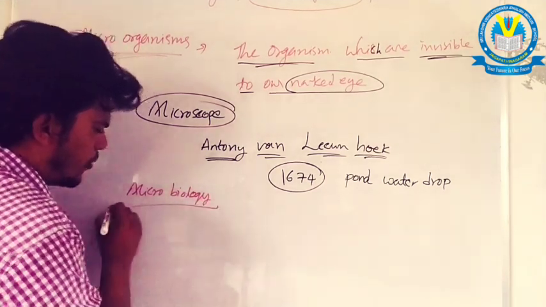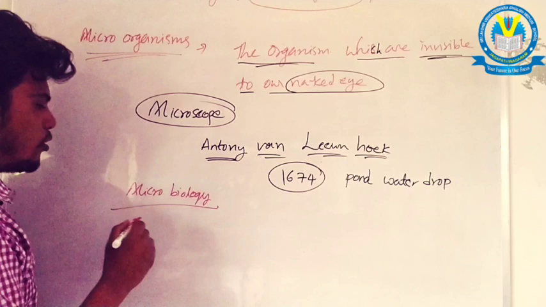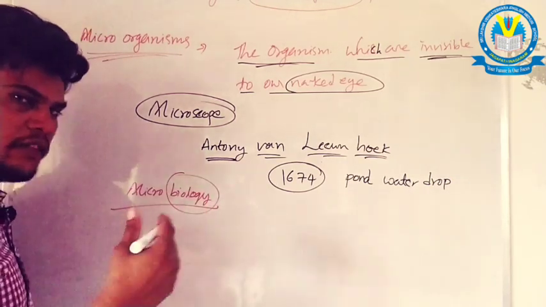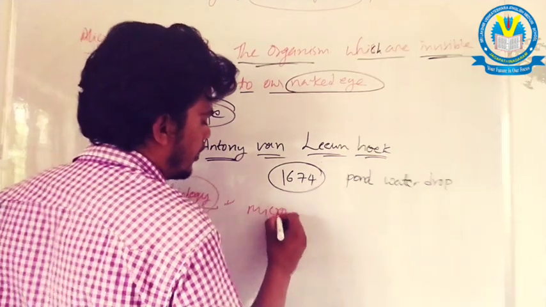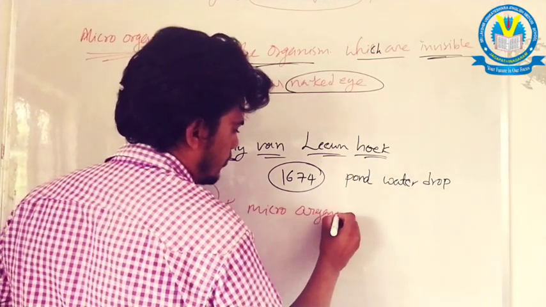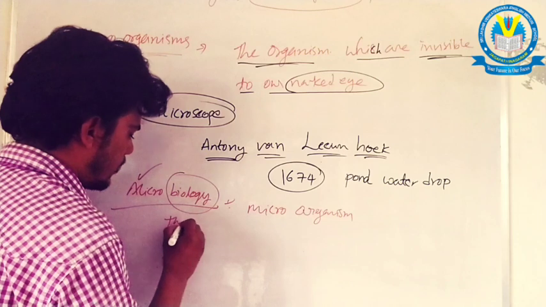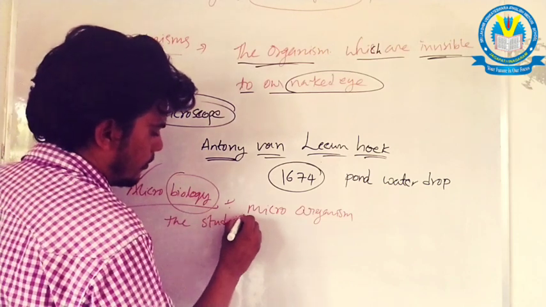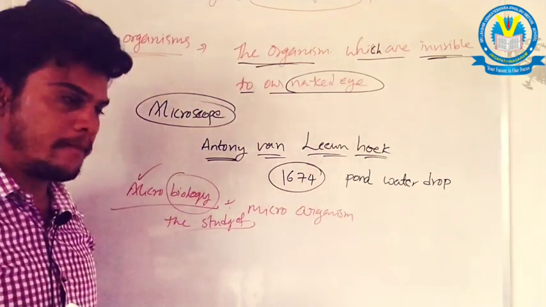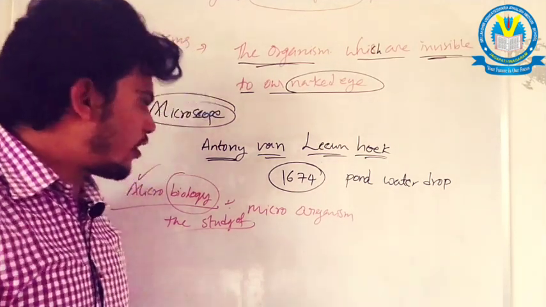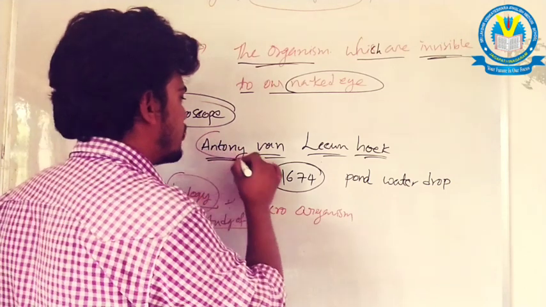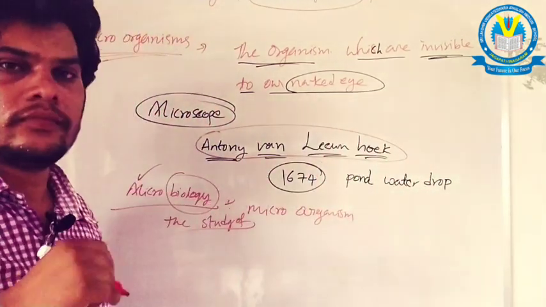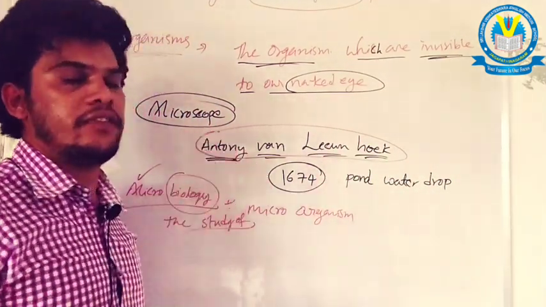What is microbiology? We know biology, but what is microbiology? Biology means the study of living organisms, and micro means the study of microorganisms. So the study of microorganisms started with the observation of Antony van Leeuwenhoek in the year 1674.